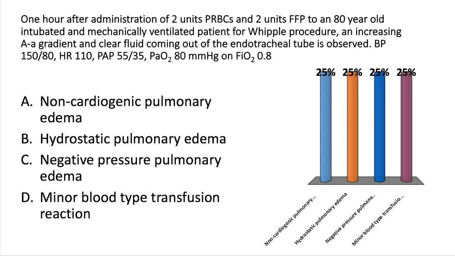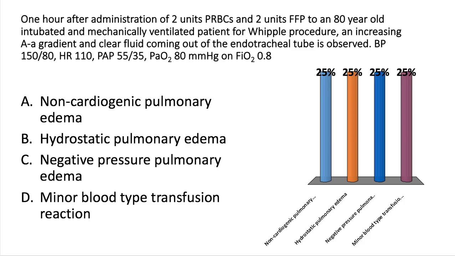Well, if you gave them 2 units of packed red blood cells and 2 units of FFP to this old patient, and they now have clear fluid coming out of the endotracheal tube, that's a lot of volume that was given to them, and their pulmonary artery diastolic pressure is very high at 35. This is really hydrostatic pulmonary edema.